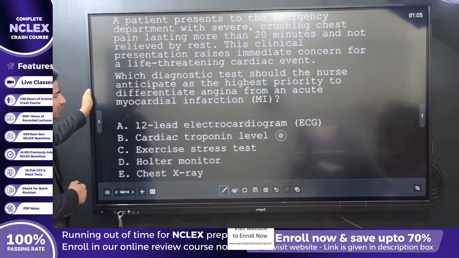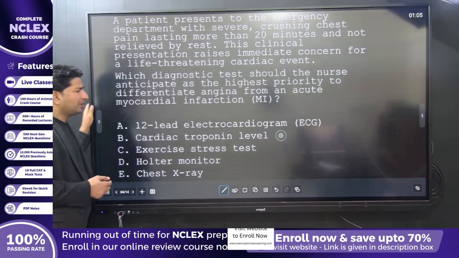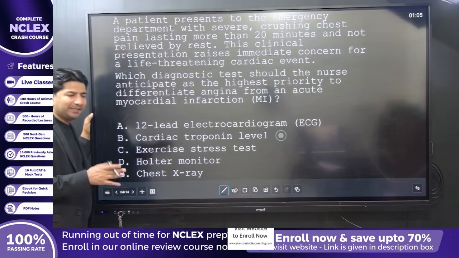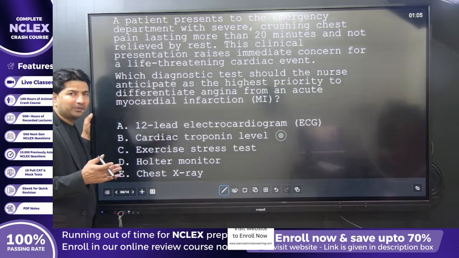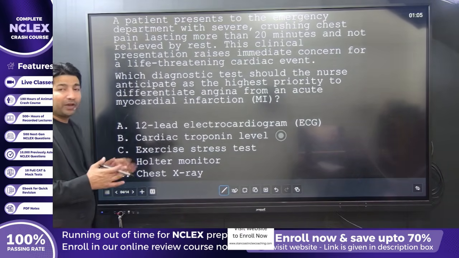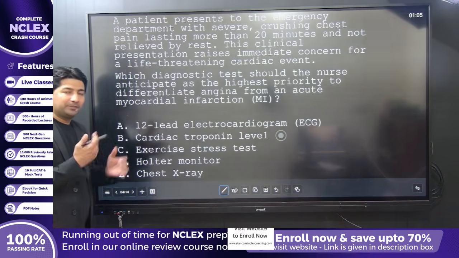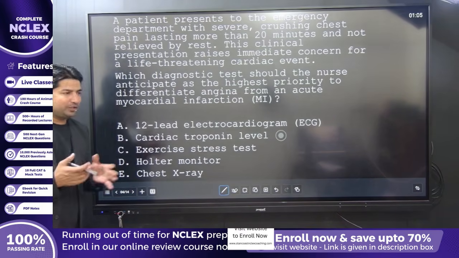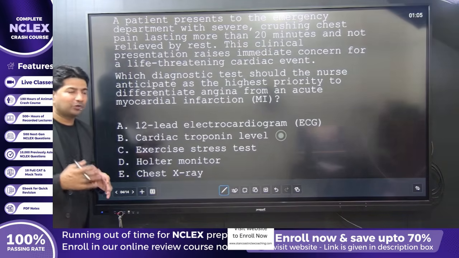So a 12-lead electrocardiogram. A 12-lead electrocardiogram is something we perform within 10 minutes of the patient arriving at the hospital. This tells us if the patient's angina pectoris has progressed to a myocardial infarction. In other words, has tissue death started within the myocardium.